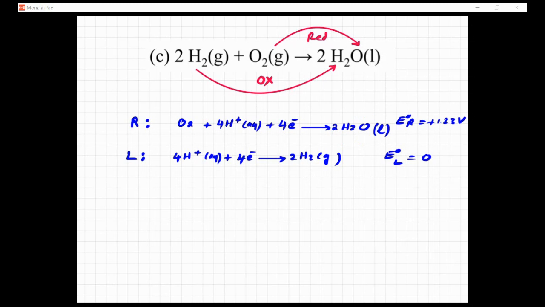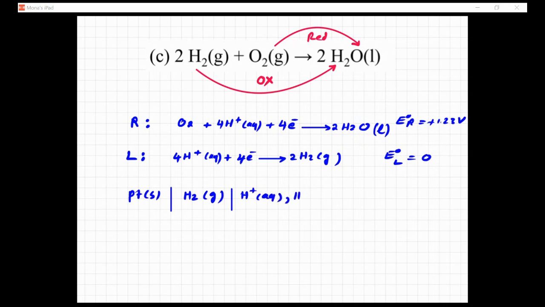Now what is the cell notation? On the left you have the hydrogen electrode, so we need platinum solid, H2 gas, and H+ aqueous.